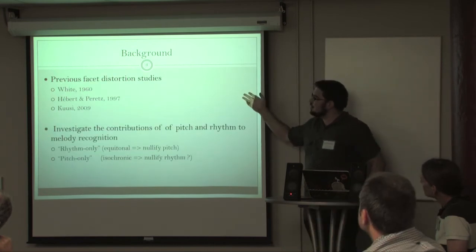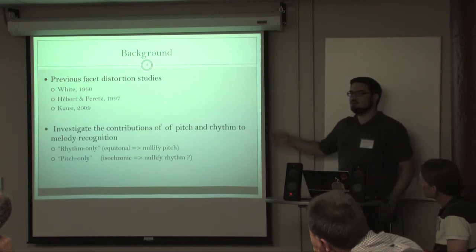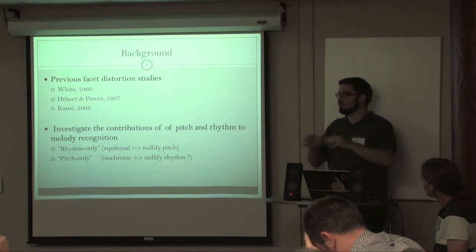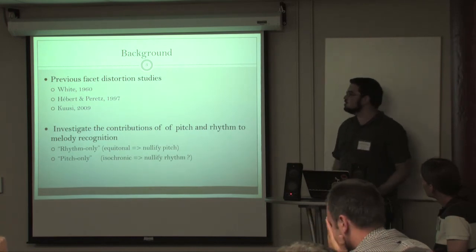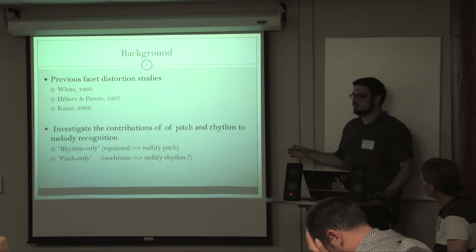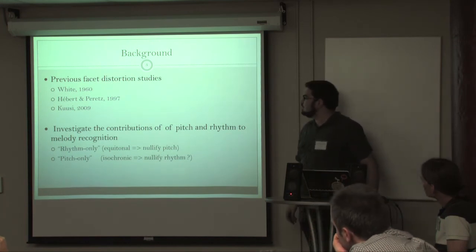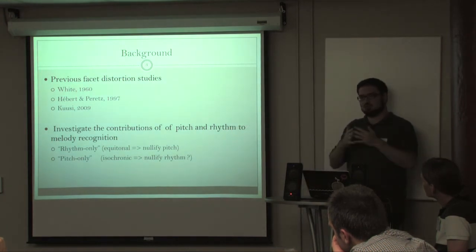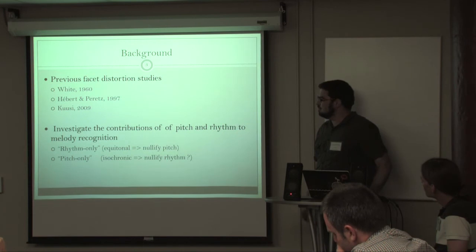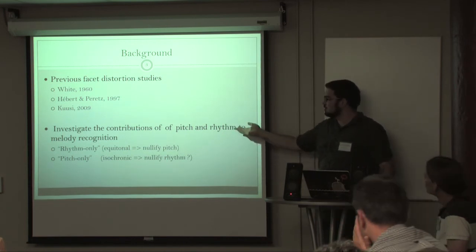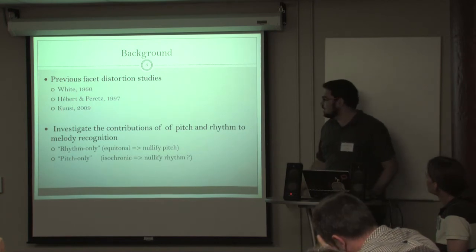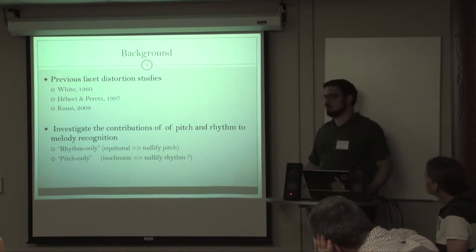Now, a number of previous studies have looked at this idea, generally using a methodology of melody recognition, where participants listen to a bunch of melodies, distorted in various different ways, and try to recognize them and write down the name of the melody. Typically they look at pitch versus rhythm and their contributions to melody recognition. The distortions are usually things like an equitonal distortion producing a rhythm-only melody, or an isochronic distortion producing a pitch-only condition.